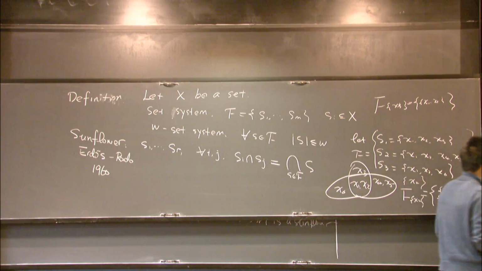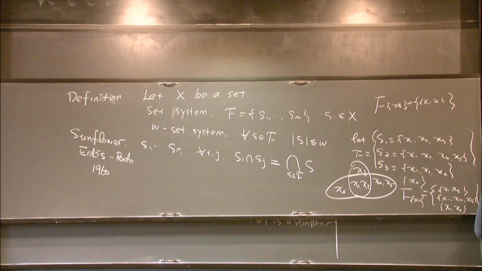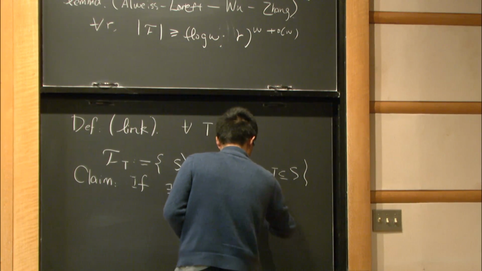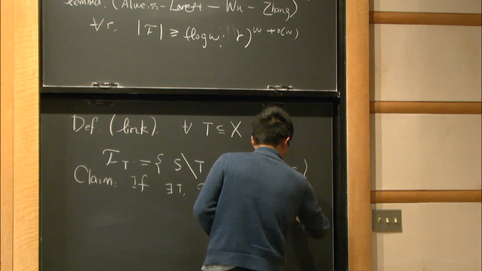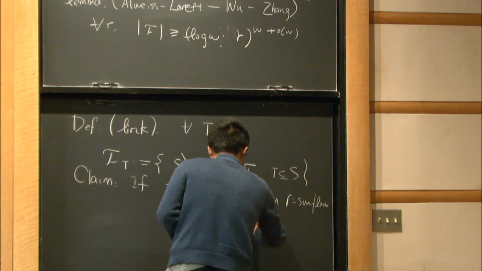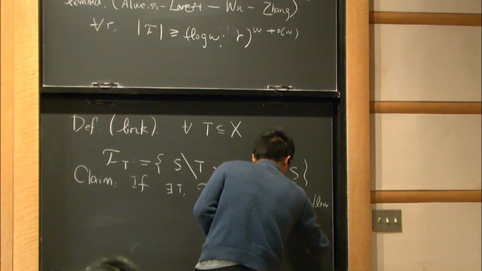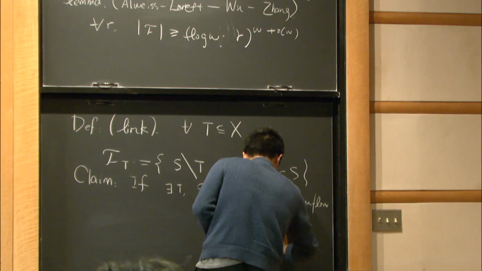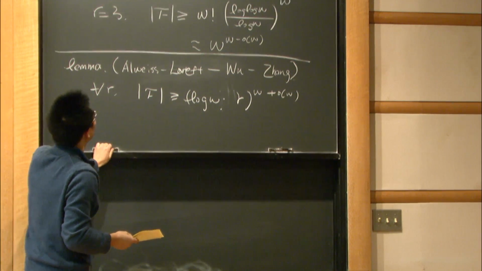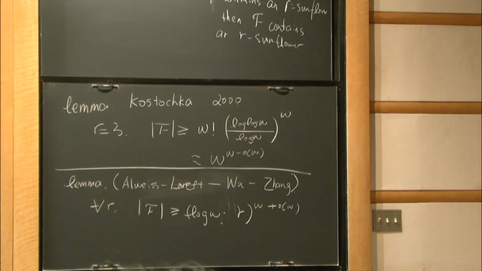We have a very simple claim: if there exists a link T such that F_T, the link, contains an R-sunflower, then F also contains an R-sunflower.